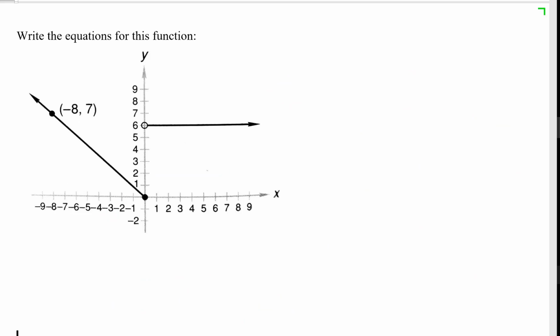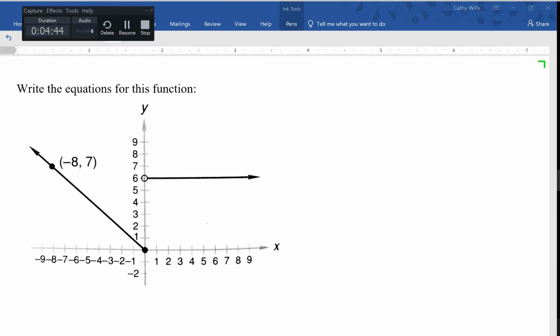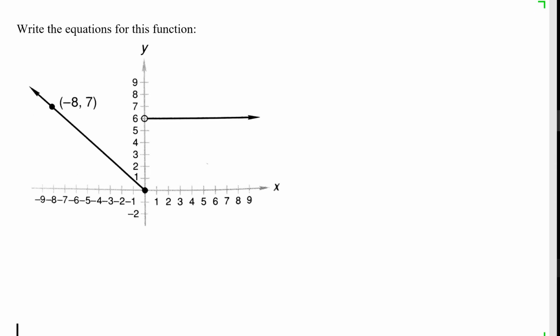Okay, on this next function, we can write the equations. There are two different things happening here. You have this slanted line. We can already see that the y-intercept is 0. If you look at the slope of the line, you can see that if you start here and come down and over, it is going downhill, and you can use the slope formula too.